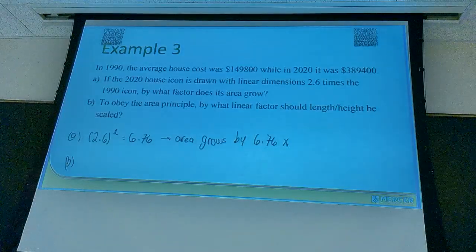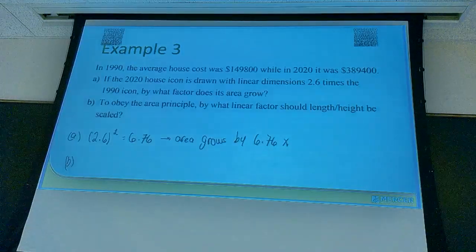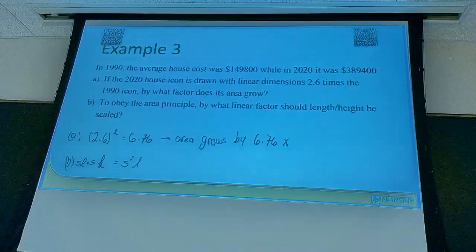If it's 2.6 times, length times height, S length times S height to represent the scale. That's S squared, length times height, which is obviously just S squared times area.